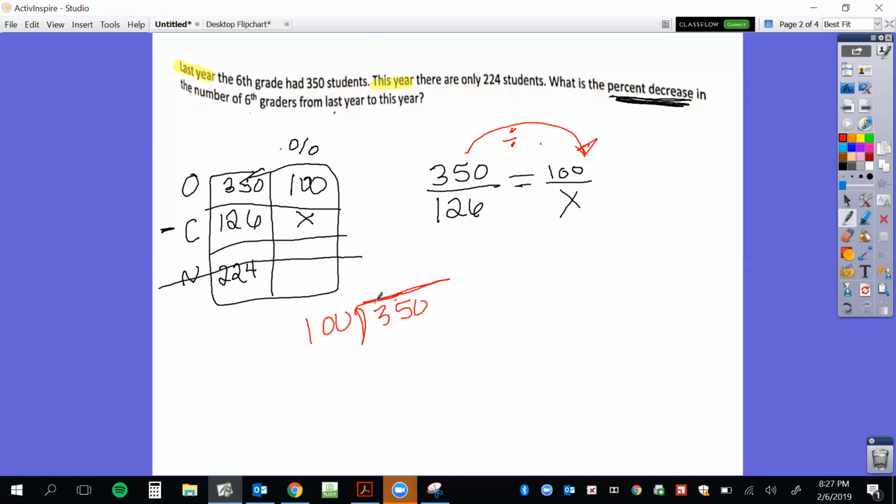Now 100 will go into 350 3 times. Put a decimal and a 0. And the 100 will now go into 500 5 times. Therefore, I am dividing by 3.5. So if I divided that by 3.5, I need to divide this by 3.5 as well.